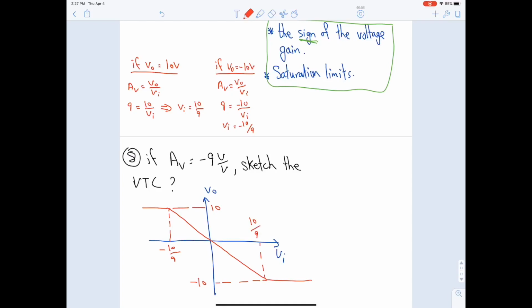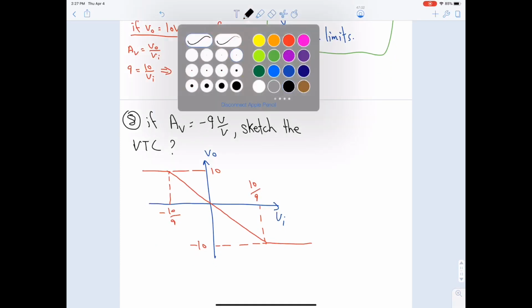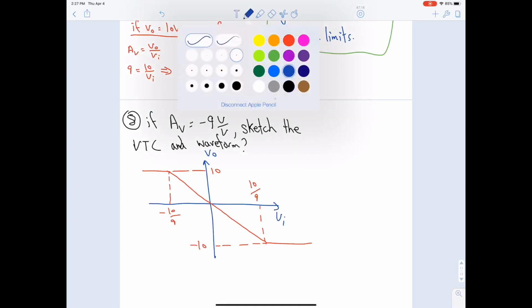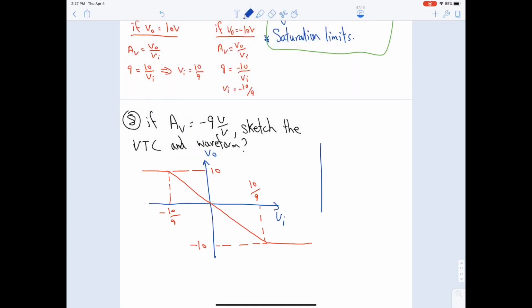Okay. Let's draw also the waveform. Waveform, as we mentioned earlier, is V output with respect to time.